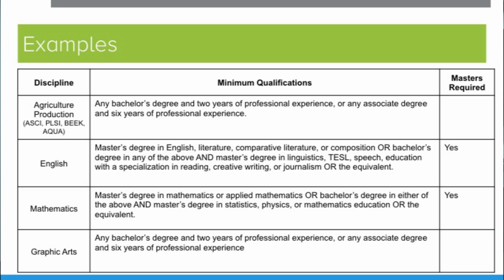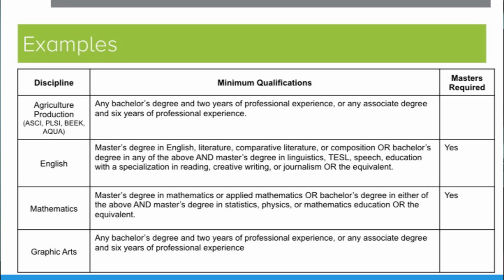So you can see here on the next one, English, there's a wide range of master's degrees that are identified here, and a master's is required for English and math. And then of course you can see again graphic arts, the CTE discipline, any bachelor's degree and 2 years of professional experience, or any associate degree and 6 years of experience.